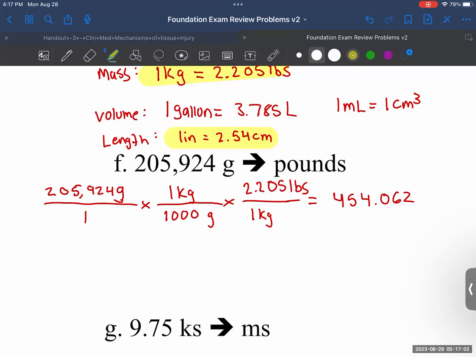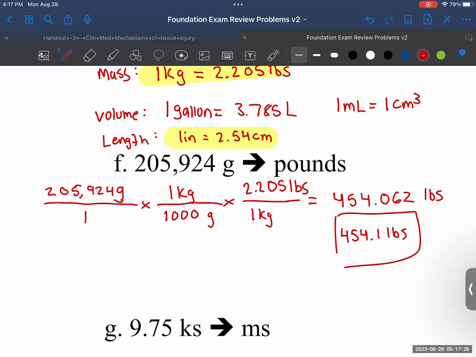So it's going to be 4 sig figs in this final answer. 4 sig figs would be what? 454.1. Do we agree on that? Yeah, we're going to round that 0 to 1. Okay, that's a metric to English conversion.